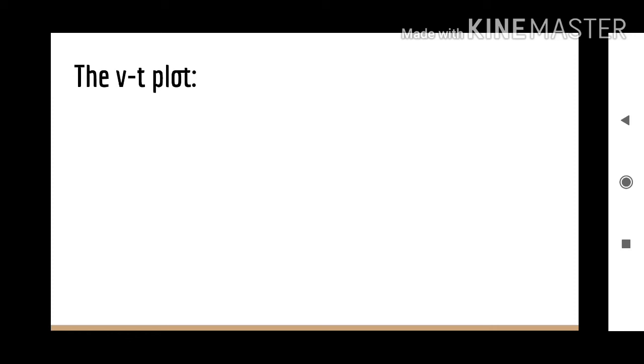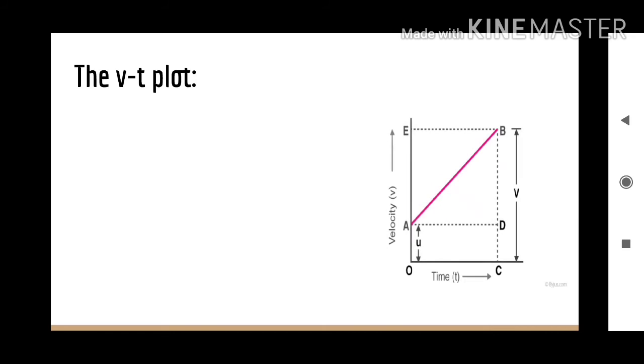Whenever we say constant positive acceleration, the VT plot is a straight line. So here is the picture of our VT plot, with time on the x-axis and velocity on the y-axis. The red line AB in this graph is the velocity time plot for our object, which is moving with a constant acceleration.